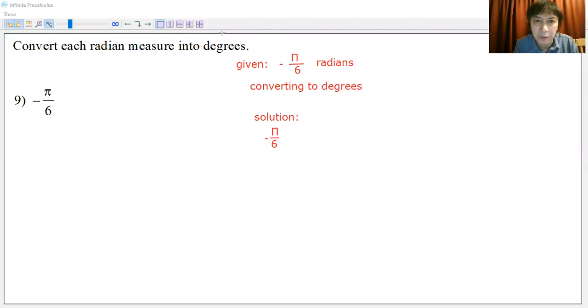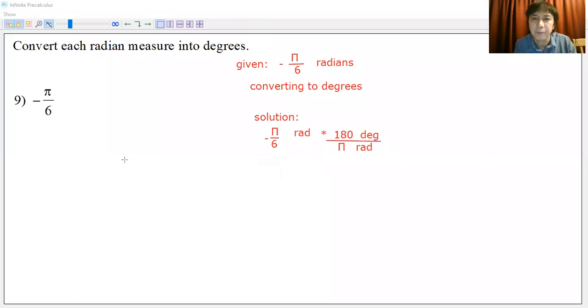The unit, of course, is radians, abbreviated RAD, and then we multiply. Our conversion factor is, of course, times 180 degrees per pi radians. This is our conversion factor.